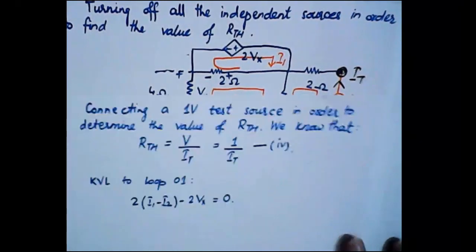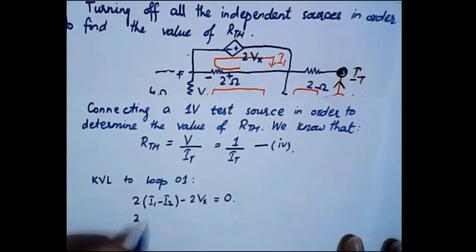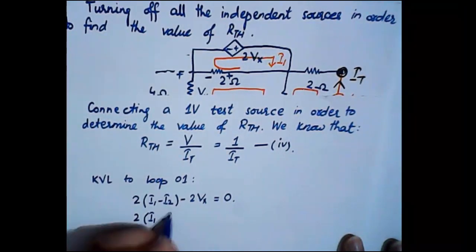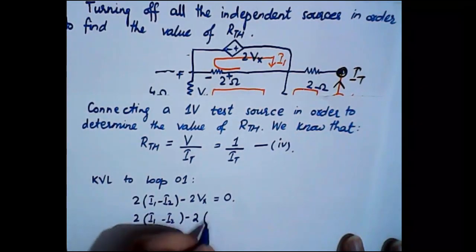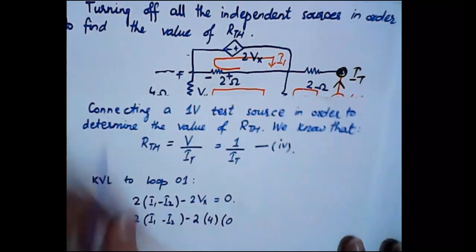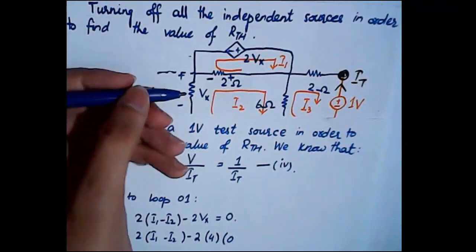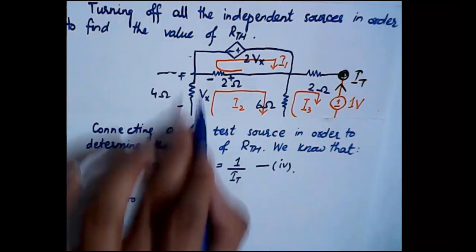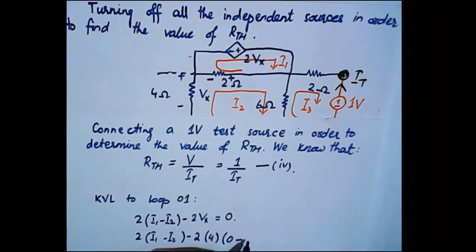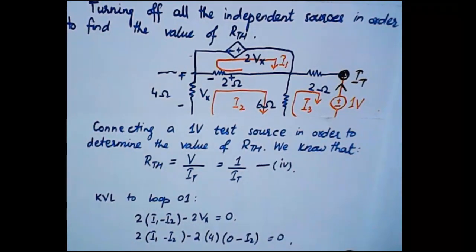So which means that 2 times I1 minus I2 minus 2, 4 times is the resistance, 0. Why? Because now no current is entering through the positive terminal, and I2 is entering the negative terminal, so it will be 0 minus I2 is equal to 0, right?